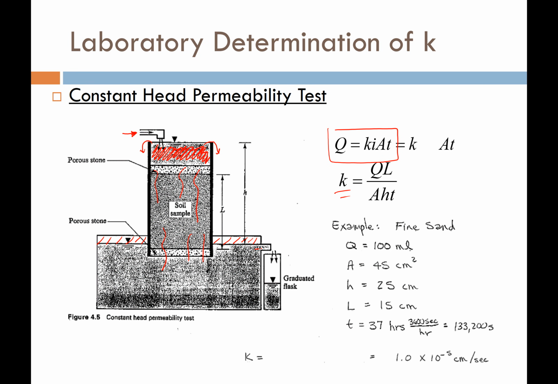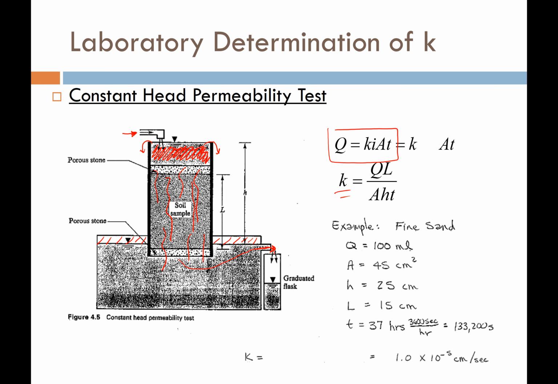The only place water can come out is a little spigot right there, where we collect the water that's coming out and record its volume. As water seeps down through the soil, it forces water to come out through the spigot and into our graduated flask.